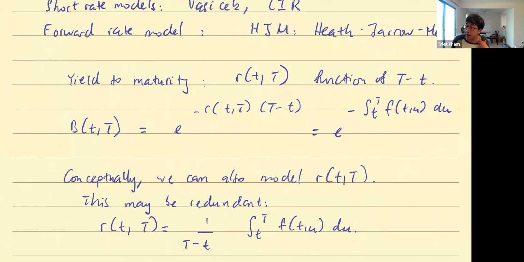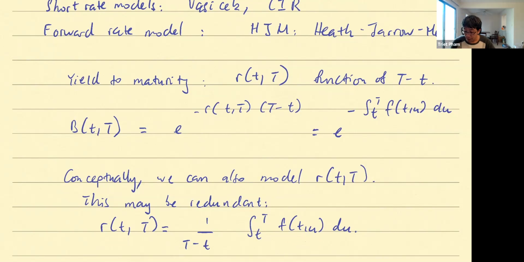So instead of modeling the forward rate itself, I model its average value. Fine. I'm not saying that this is exactly redundant, because the question is whether you model this or model this. But conventionally, because this carries more information, people like to model this rather than this.